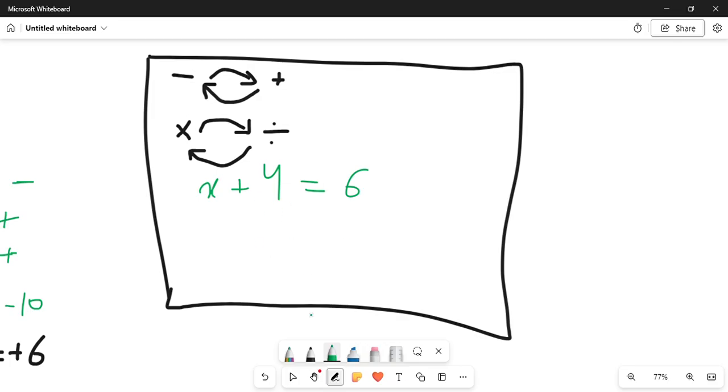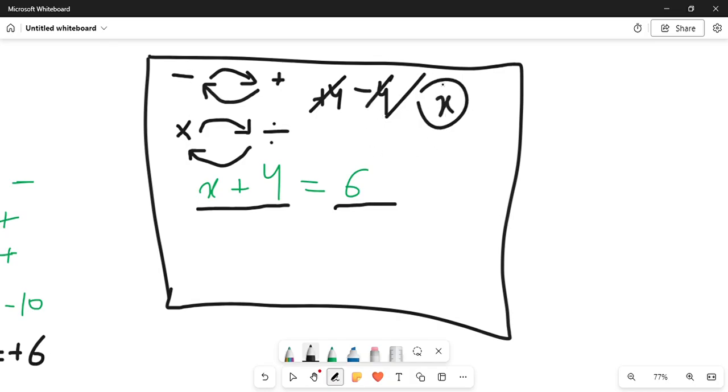One rule of mathematics is that whenever you do an operation on one side of the equation, you have to do the same operation on the other side. So if I have to remove this plus 4, I'll have to add minus 4, because plus 4 and minus 4 will cancel out, and I'll be just left with x here.